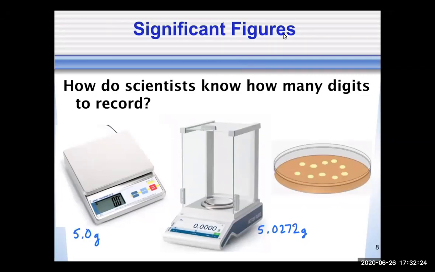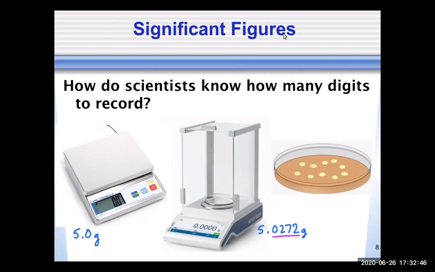And because you can read more places, you can see that this extra mass is undetectable in the cheaper balance, right? So you are missing some mass that the more expensive balance can pick up. And so you're more likely to get accurate and precise measurements.